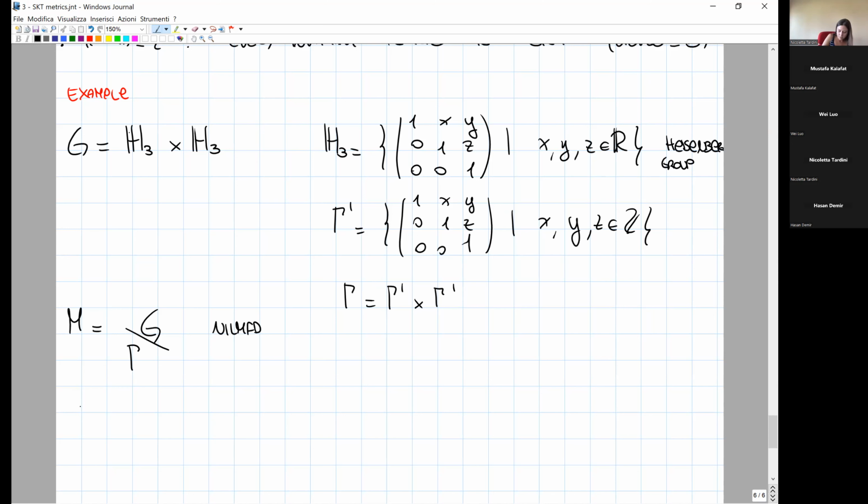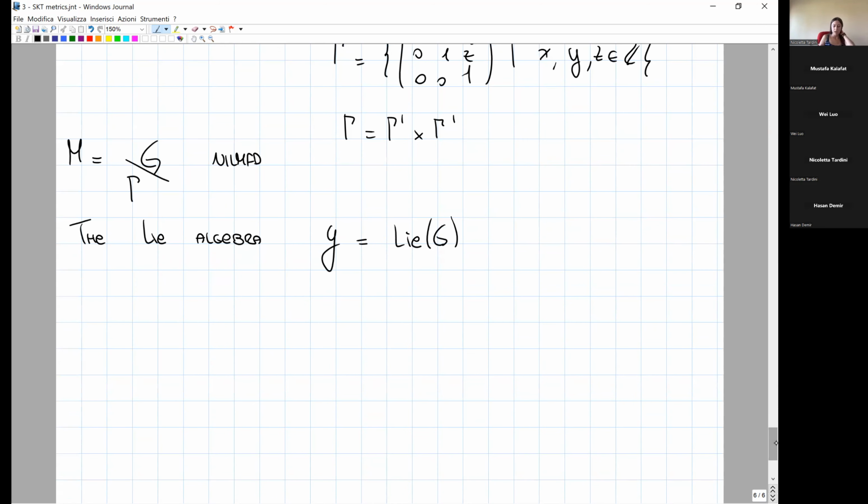and the Lie algebra, let's say the Lie algebra g of the Lie group G, has a basis e_i, i from 1 to 6, with this structure equation.